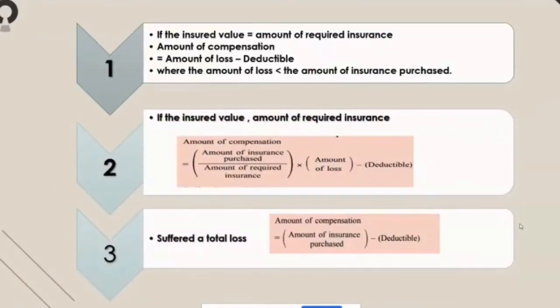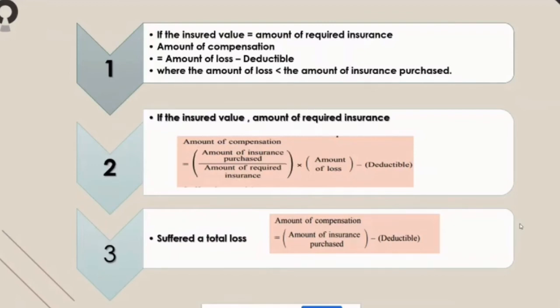These are the steps of co-insurance. First, if the insured value is equal to the amount of required insurance, the amount of compensation is the amount of loss minus deductibles, where the amount of loss is less than the amount of insurance purchased.